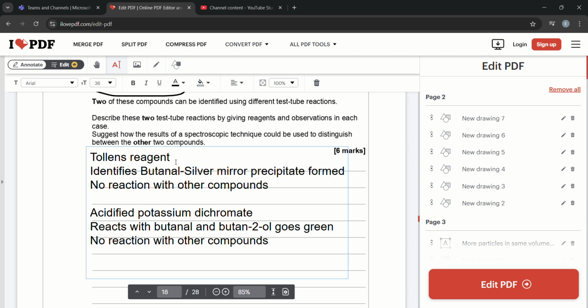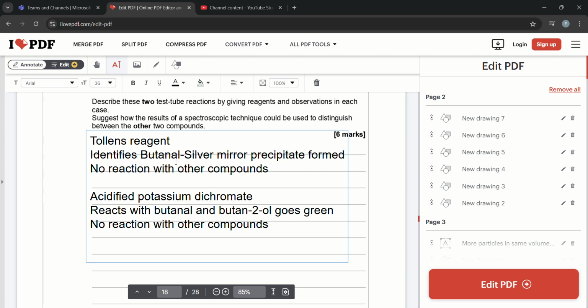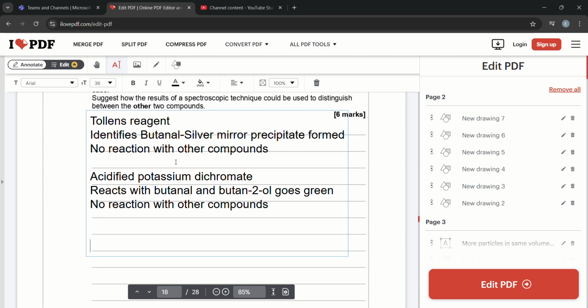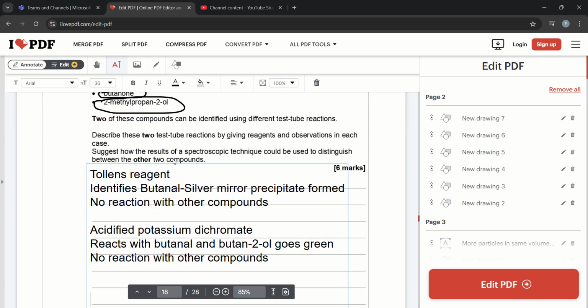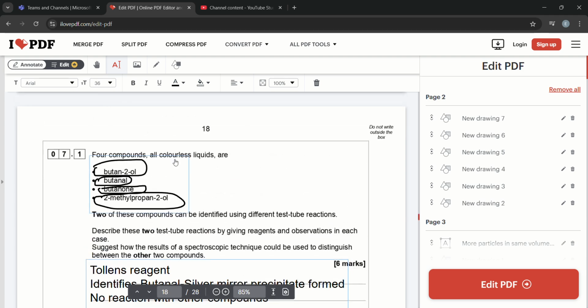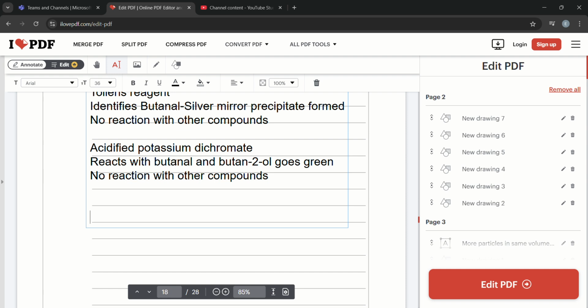And then the rest suggests how the results of a spectroscopic technique could be used to distinguish between the other 2 compounds. So between butanone and 2-methylpropan-2-ol, well, we can use infrared spectroscopy.